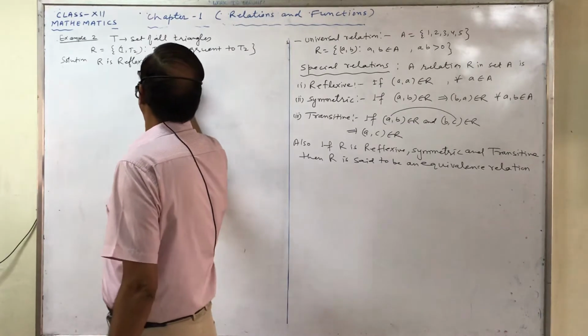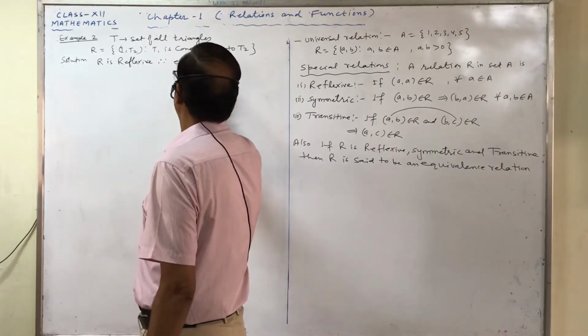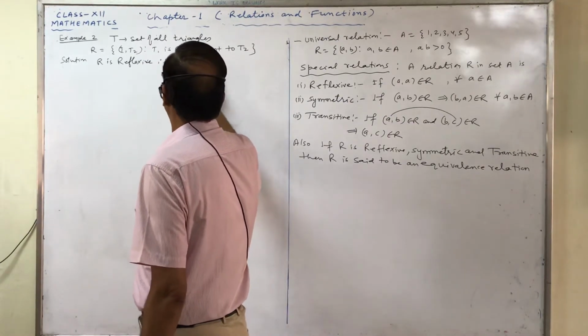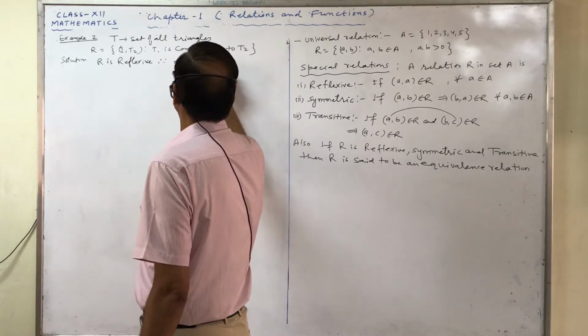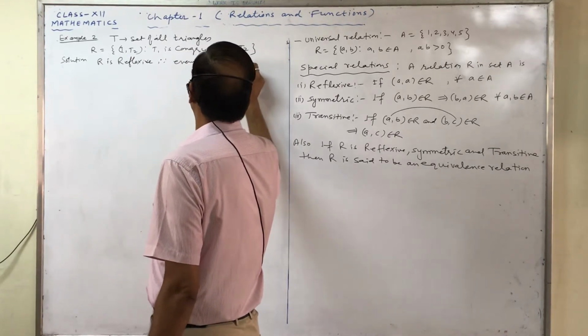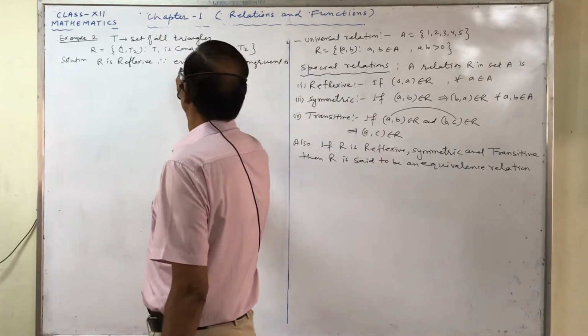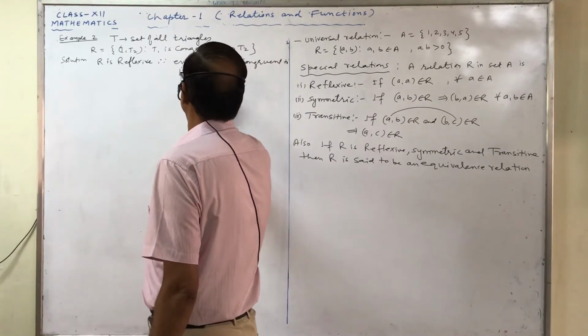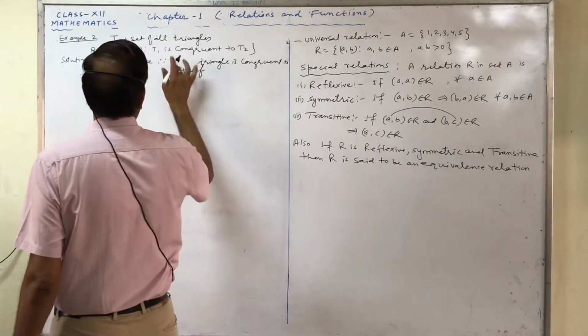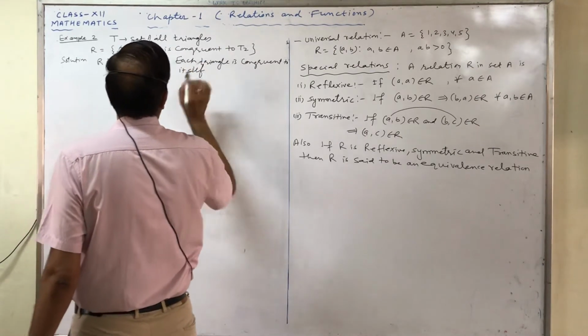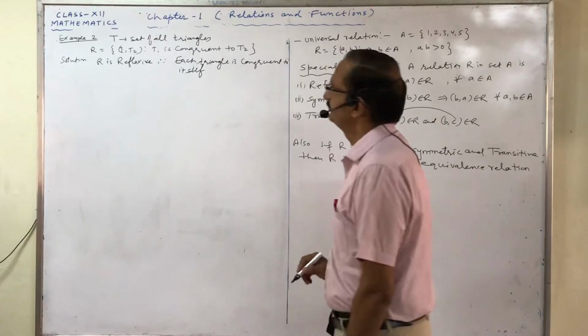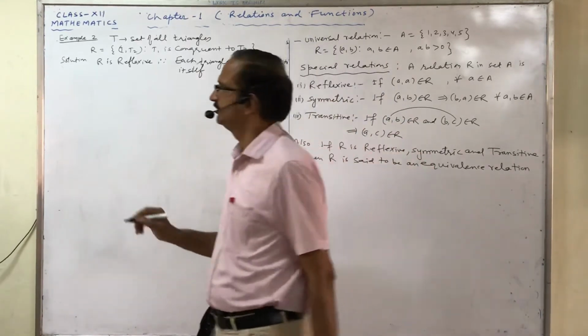Because every element or every triangle is congruent to itself. Or we can say each triangle is congruent to itself. Therefore, R is reflexive.